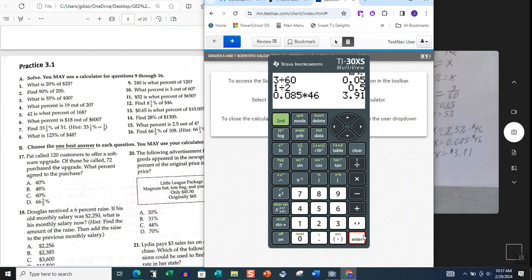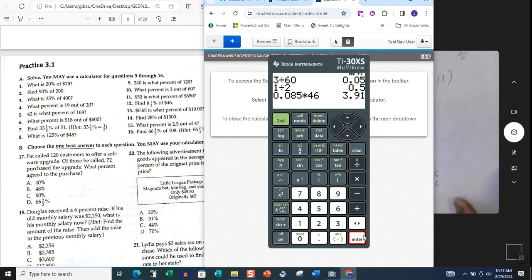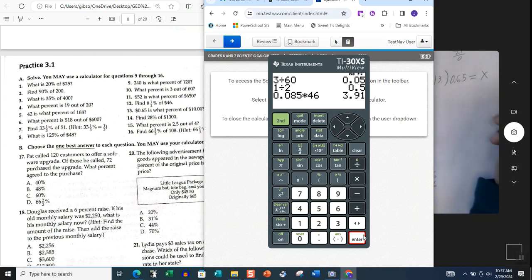Okay, now the next problem, number 13. It says 65 cents is what percent of $10? So for 13, you have 0.65 is equal to, what percent, x?